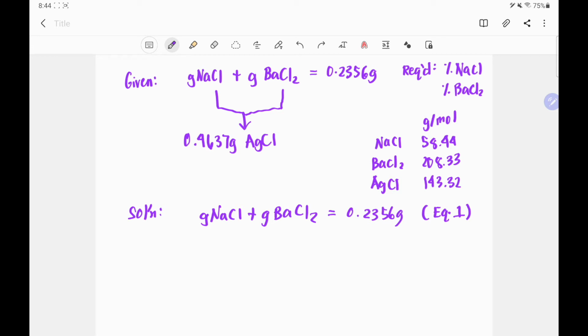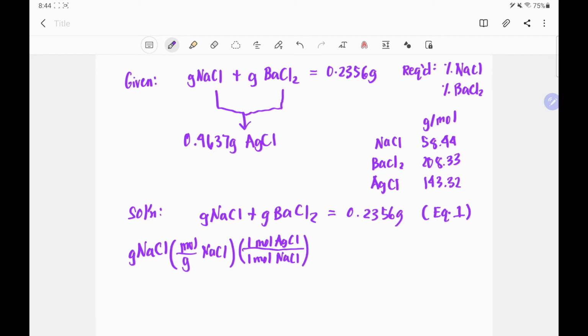I know that if I start from grams of sodium chloride, I could divide it by the molar mass. That gives me the moles of sodium chloride. I know that there's 1 mole of sodium chloride for every 1 mole of silver chloride. Again, the analyte here, if you haven't noticed, is chloride, so let's ignore the cation.